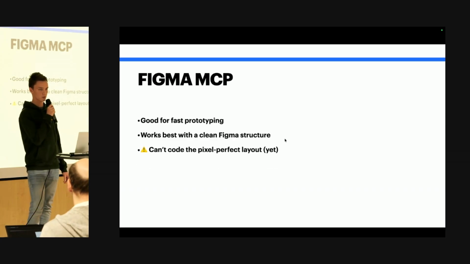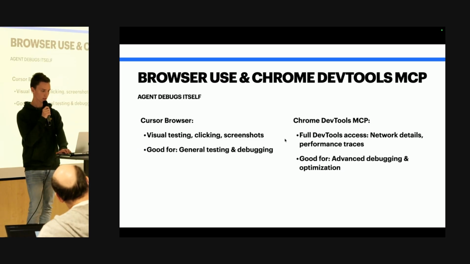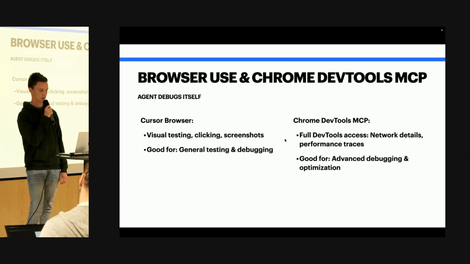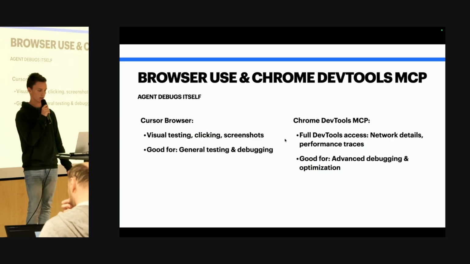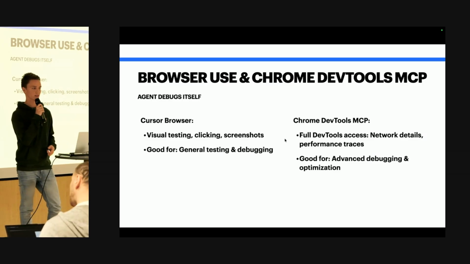Figma MCP is good for fast prototyping, but it's not perfect yet, and you can't expect pixel-perfect layouts in one shot. And browser use and Chrome DevTools are great for another step in this agentic workflow, because now the agent can debug itself.